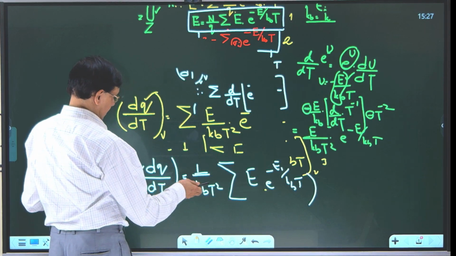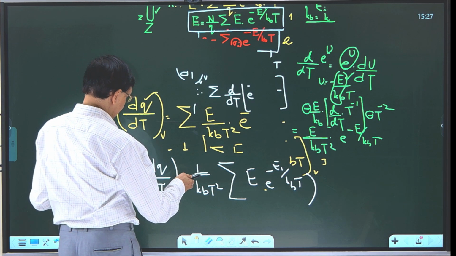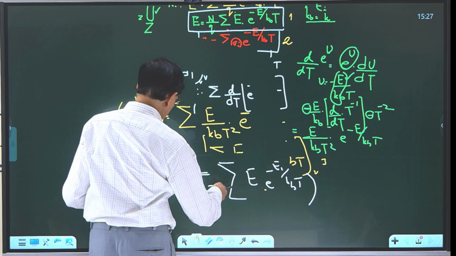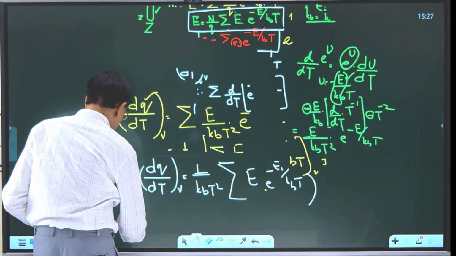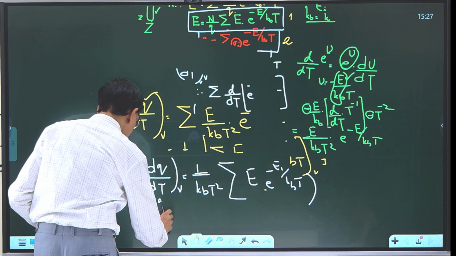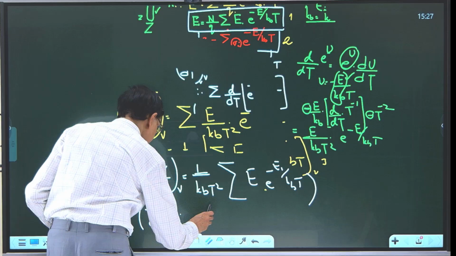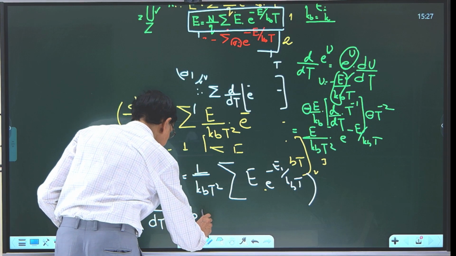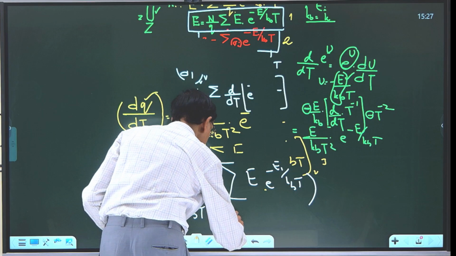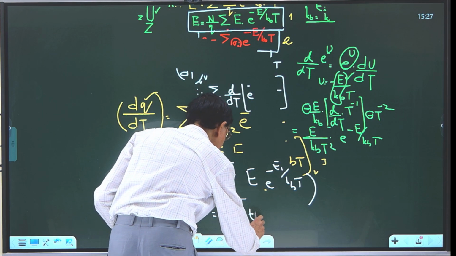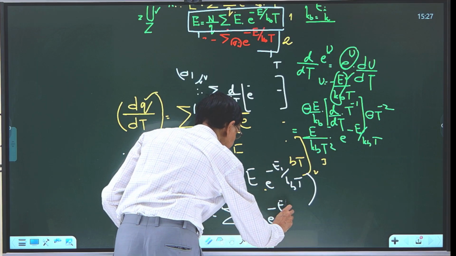So you see that I can write like that, dQ by dT at constant volume times kBT squared is equal to summation Ei exponential minus Ei by kBT.